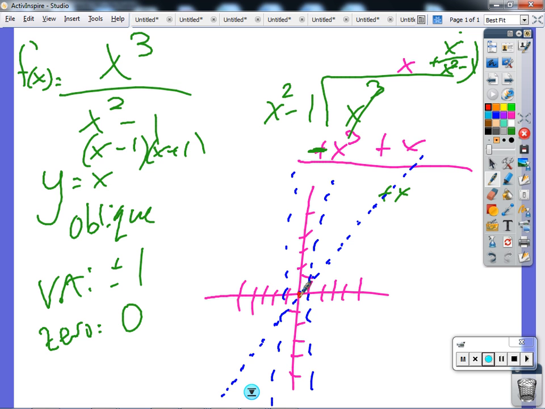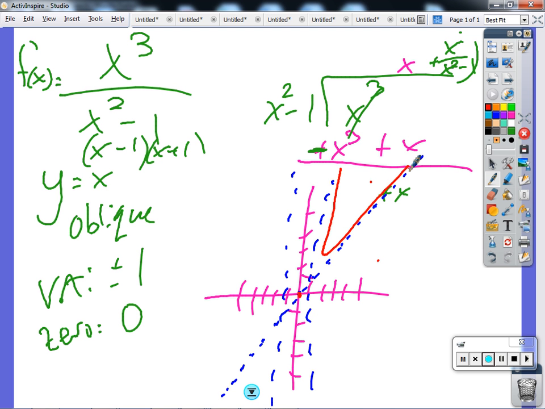Positive over positive is positive. So I'm up here on the right side. We have to approach the oblique in the long run.